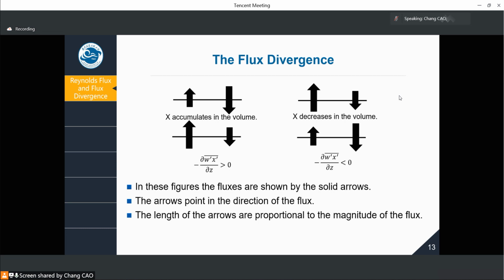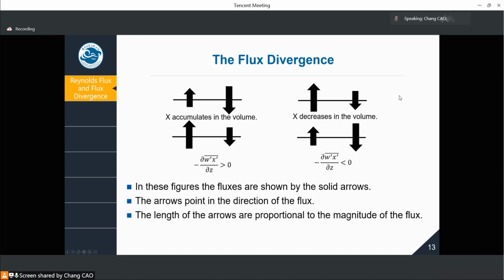In the last class, we already learned what Reynolds flux is. Reynolds flux has the format W prime X prime with a bar. This can be called Reynolds flux, right?